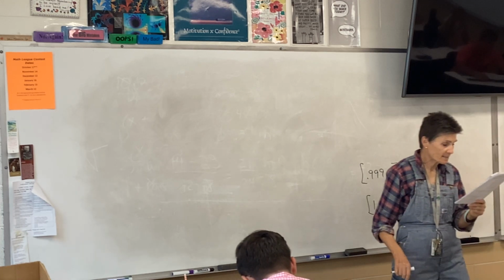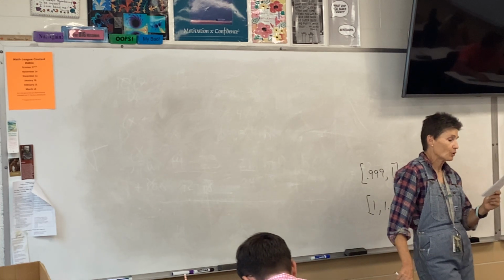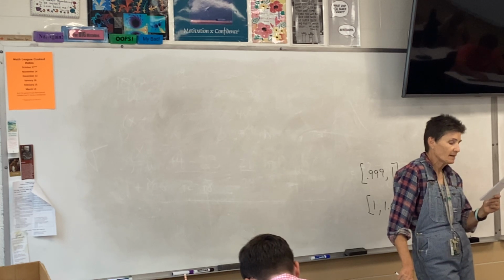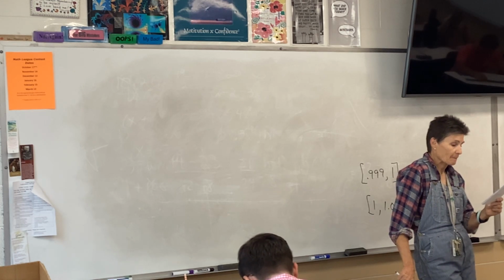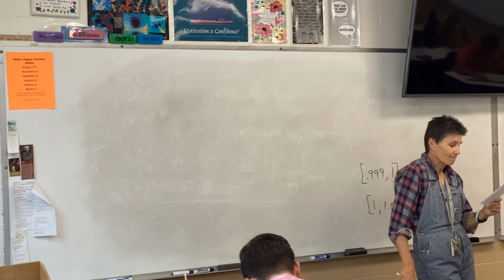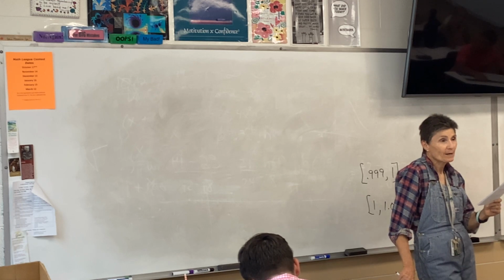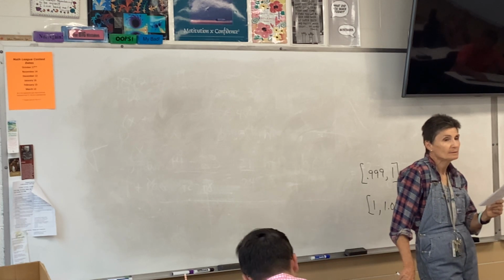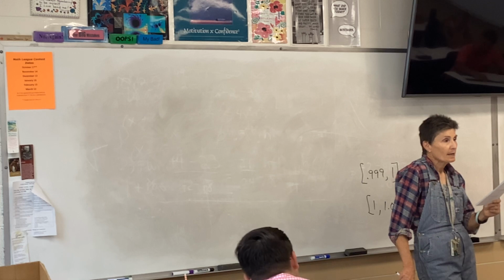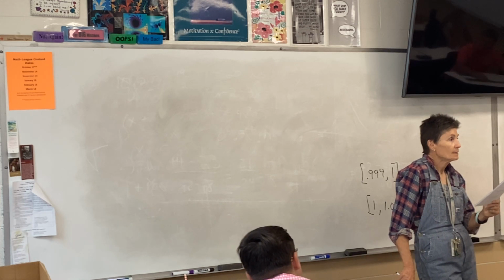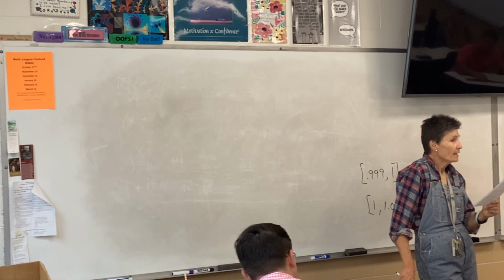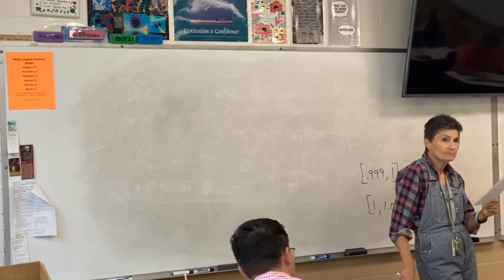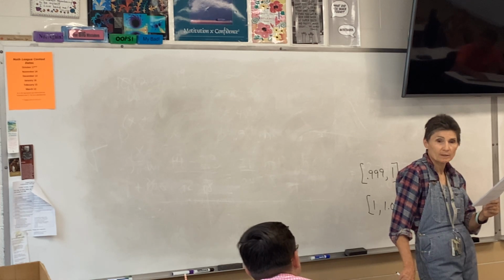At which of the points does G have the greatest rate of change? What are you looking for? Greatest rate of change happens where? At a point of inflection. And what is a point of inflection? You guys need to pay attention to these quick notes we do.